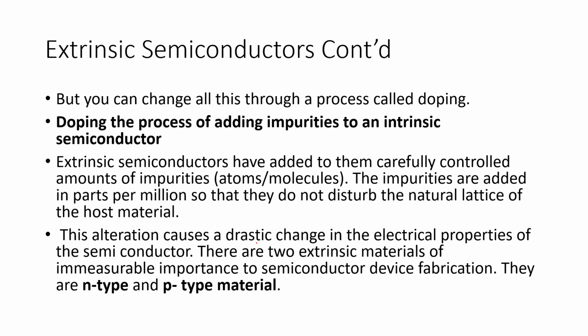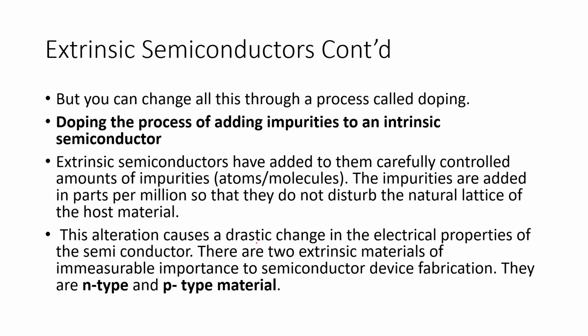But in order for us to do that, we have to go through a process that we call doping, right? Doping is a process of adding impurities to an intrinsic semiconductor. So let's imagine now that you have pure silicon. Having that pure silicon, you will add an impurity to it. What we call impurity at this level is not dirt, but it's actually another element, right?